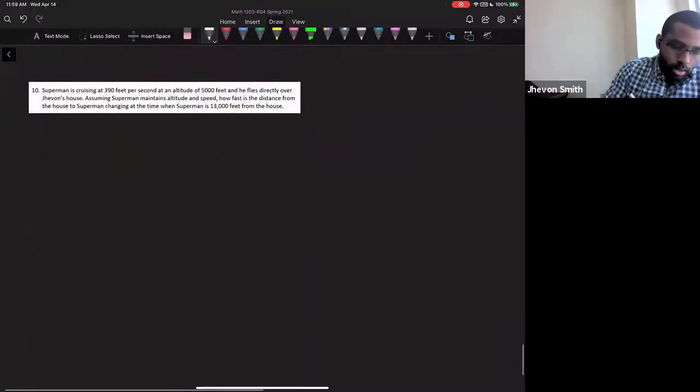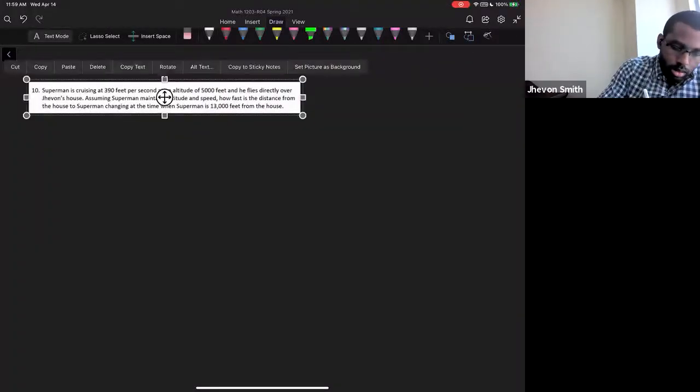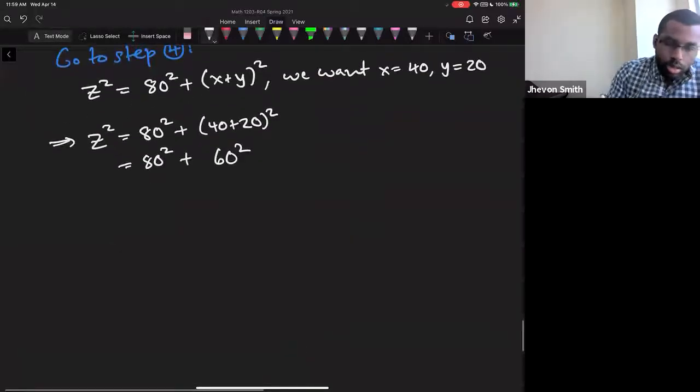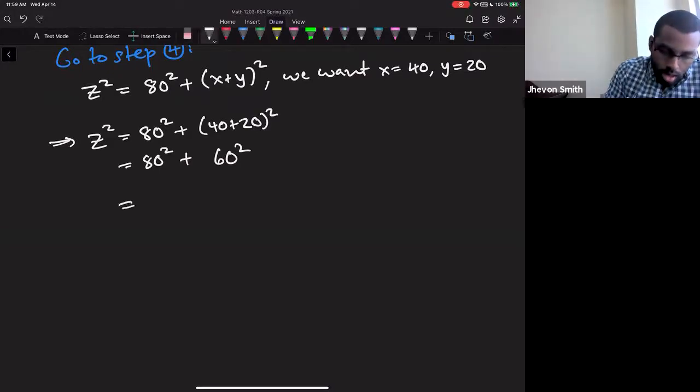What you can notice, so you could square 80, square 60, add them together, take the square root, or you can notice that 80 is actually 4 times 20, and 60 is actually 3 times 20.